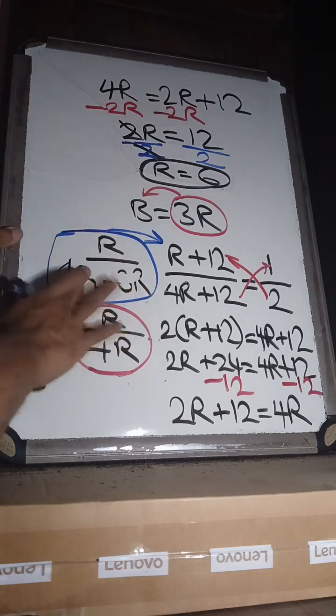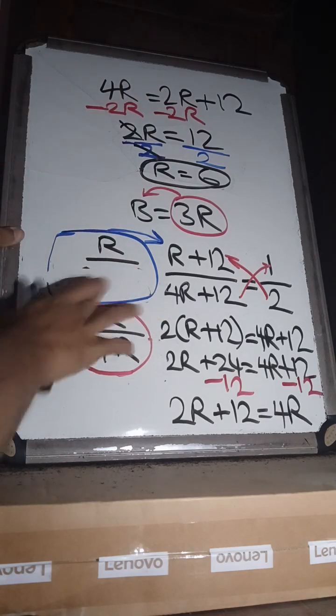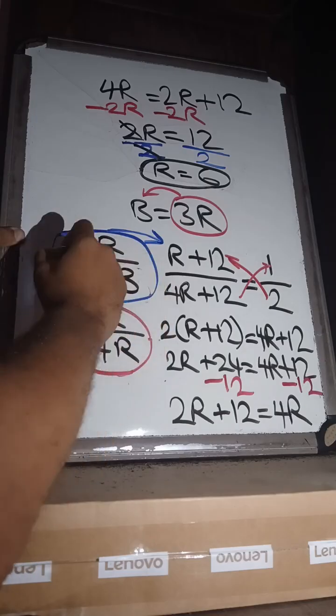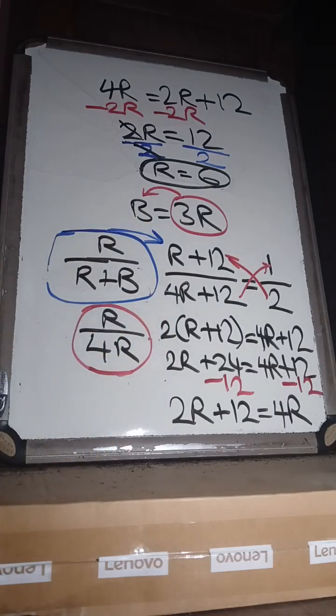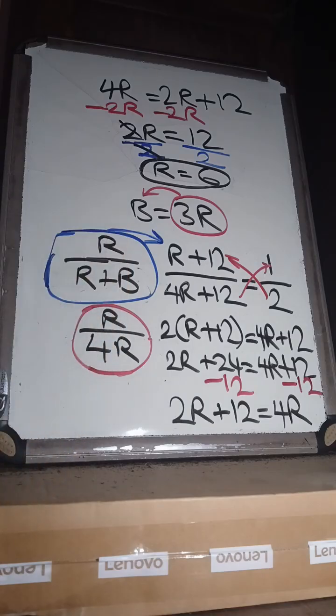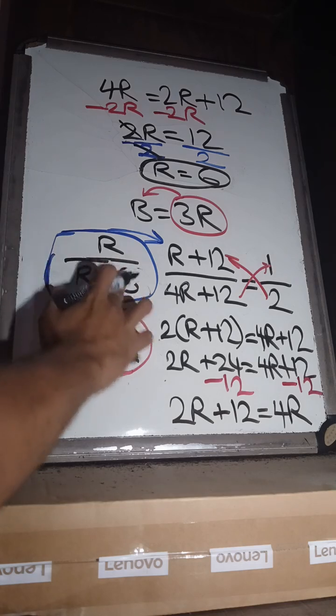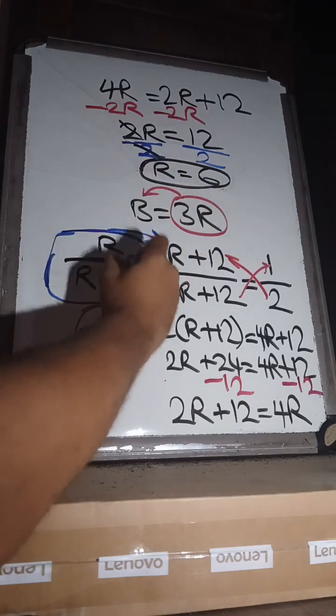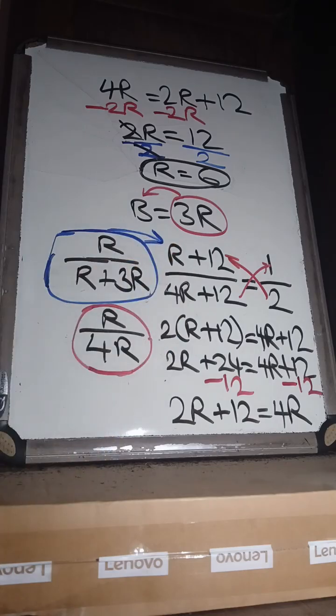Substitute. So imagine that you have that. You have R over R plus B. Now, obviously, just looking at that, it don't really add up to much. But if you replace the B with this 3R, a lot of things start making sense.